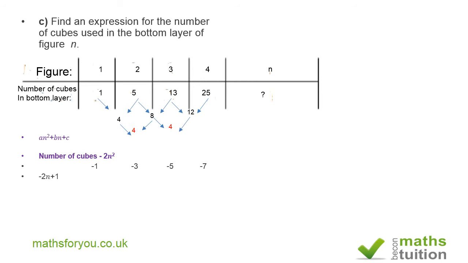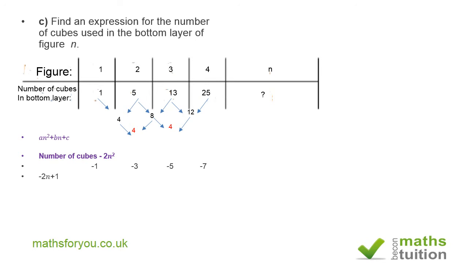So the expression for minus 1, minus 3, minus 5, minus 7 is going to be minus 2n plus 1. For instance, for figure 1, where n is 1, minus 2 times 1 will give us minus 2, minus 2 plus 1 will give us minus 1. And for figure 2, where we got minus 3, minus 2 times 2 will give us minus 4, minus 4 plus 1 will give us minus 3.